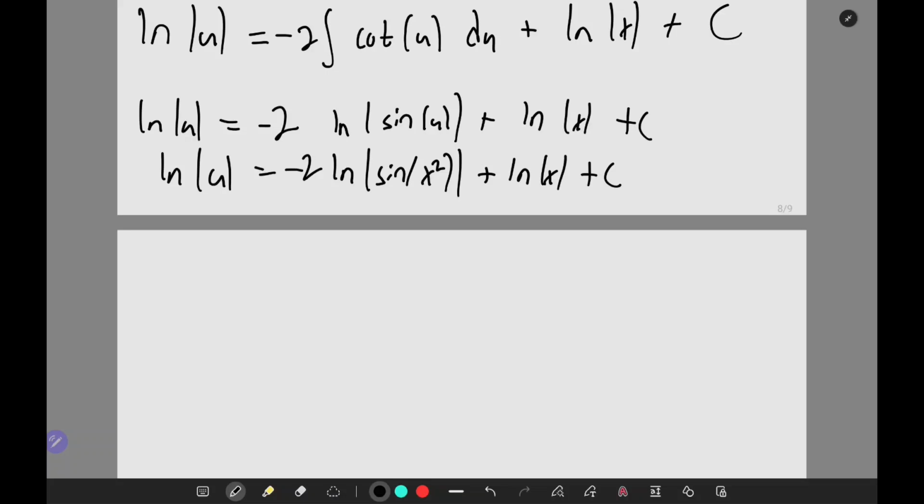I'm just making sure that this is right so far. Yep, looks good. Now we can rewrite this middle term here. So you take the inverse of that, right? How would I do that? And then just square the sine term.